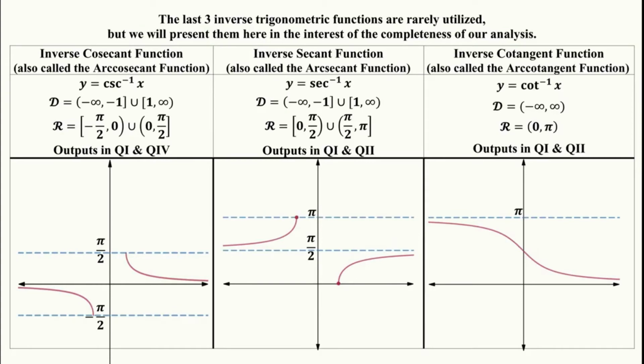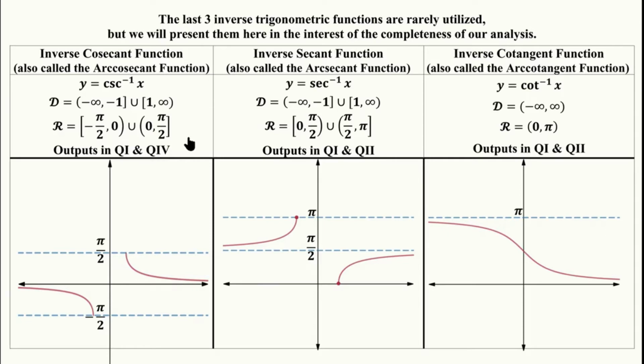And a similar analysis to the one we just did for sine, cosine, and tangent will generate the three other inverse trigonometric functions for us. These we will rarely use, and we're going to find very soon that we'll be able to do computations involving these using the first three inverse trigonometric functions.